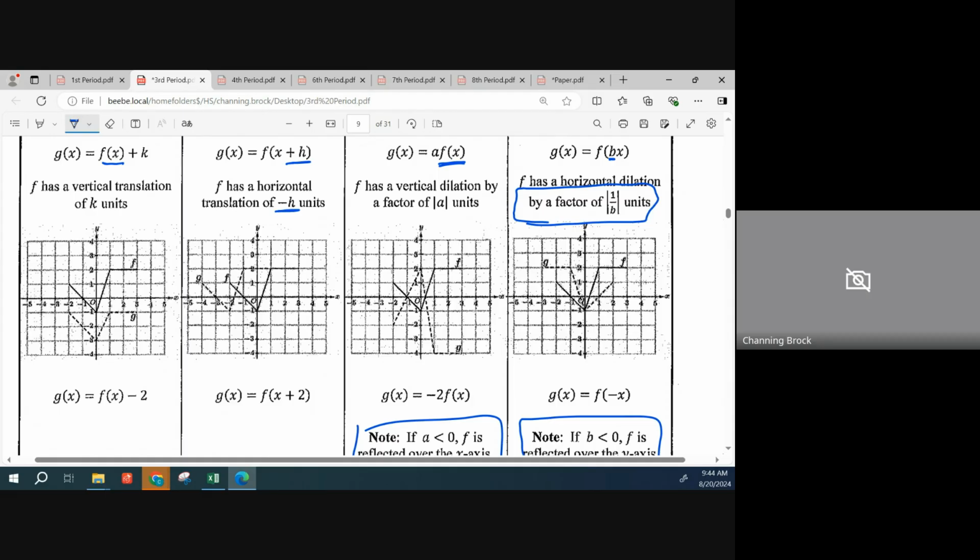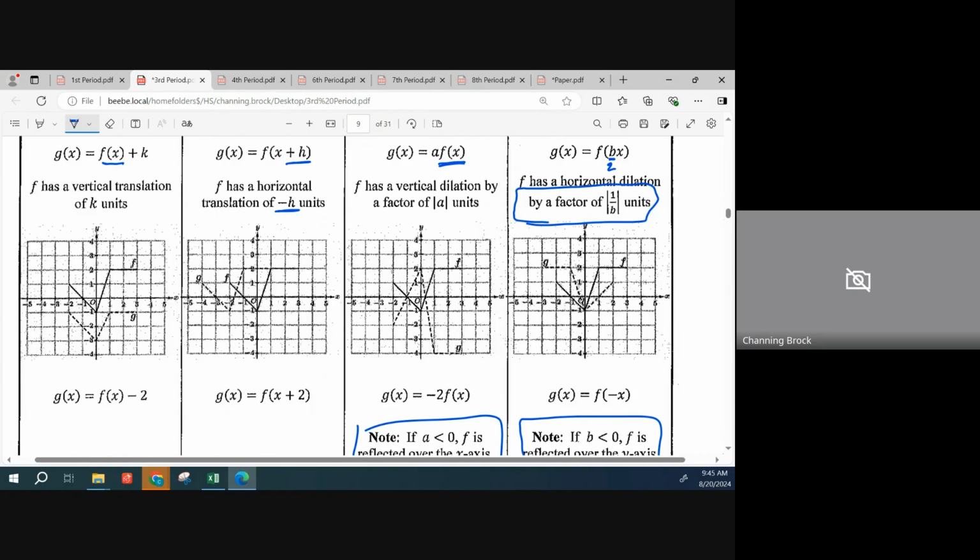Okay, so the thing that you need to think about here is the same thing that you think about when you're talking about a horizontal translation. It's opposite. Yes. Okay, so if I'm multiplying something by a factor of 2, what is opposite multiplication by a factor of 2? Dividing by 2, or the same thing would be like a 1/2, multiplying by a 1/2.